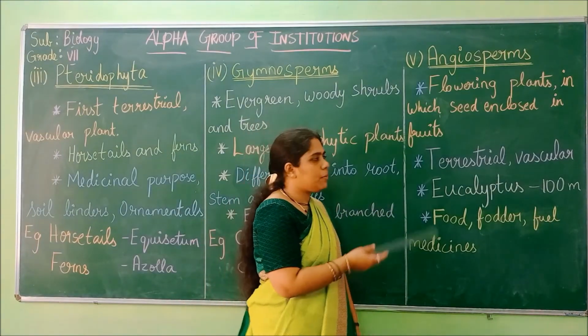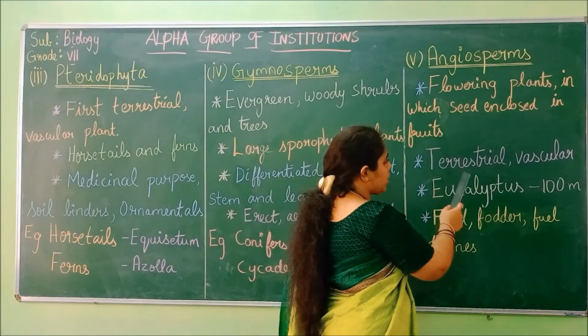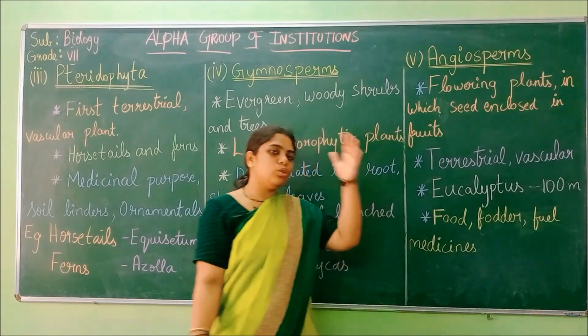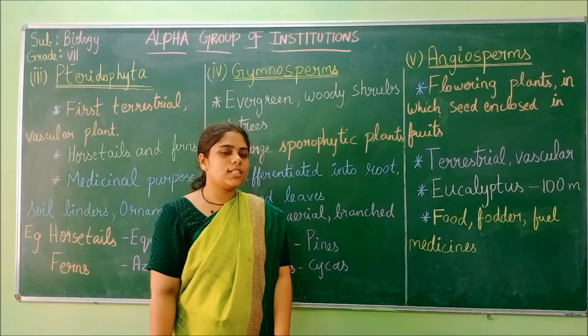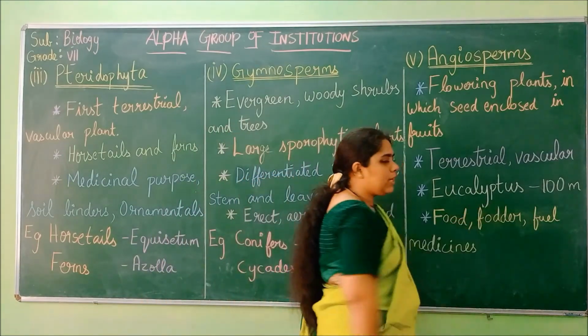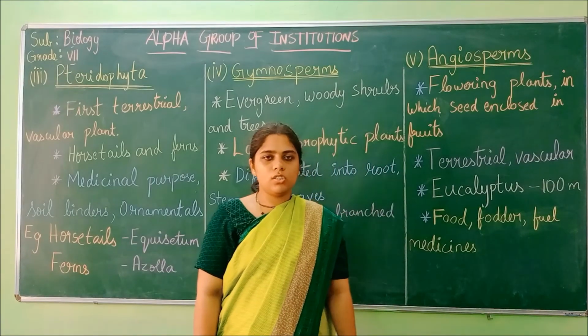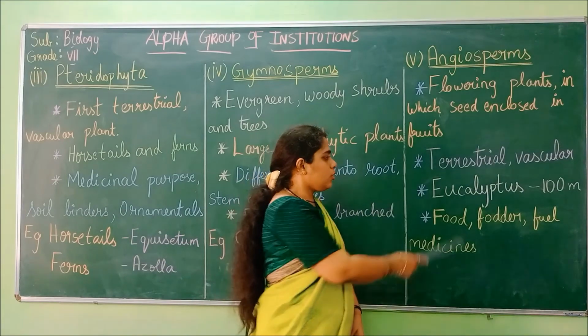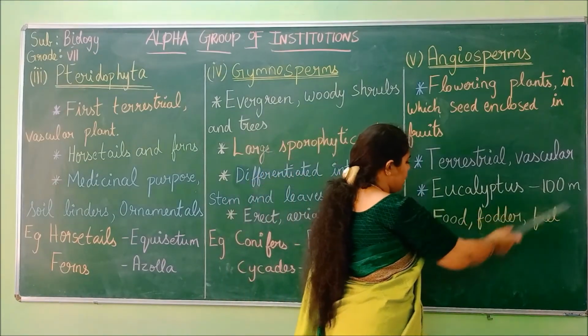Those are present in angiosperms. Example, eucalyptus. Huge eucalyptus trees are examples of angiosperms, with heights up to 100 meters, a very large height.